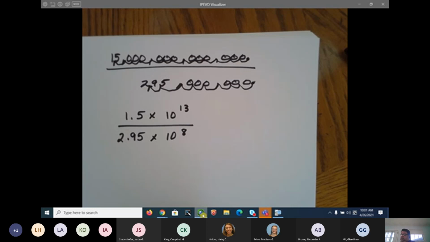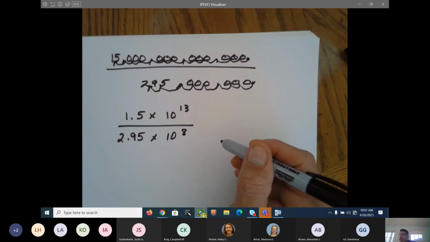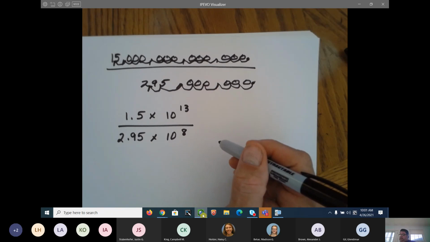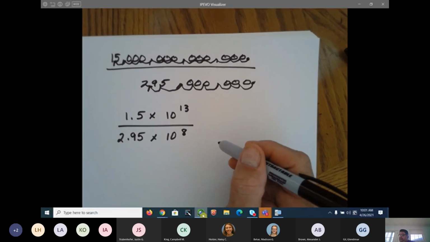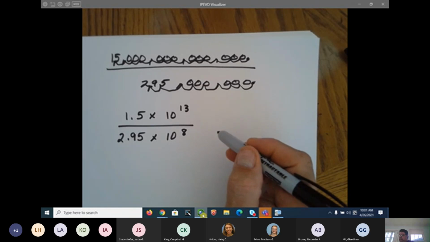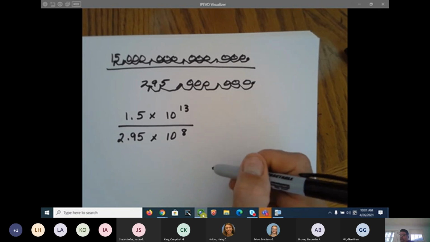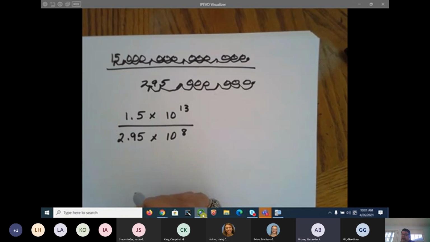And 13 minus 8, I have no earthly idea because I can't stand to subtract 8s. What is it? I have no idea. 13 minus 8 is what? 5? Somebody help me out. I hate subtracting 8s. Yes. Thank you. Yes, it is. Y'all ever have a number that you can't stand to subtract? 8 is my number.